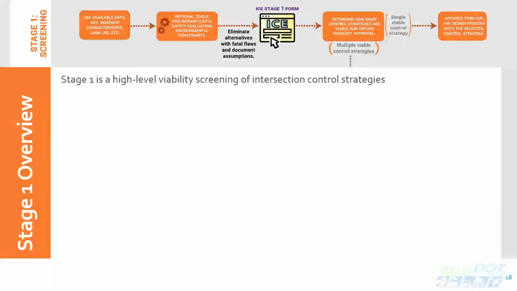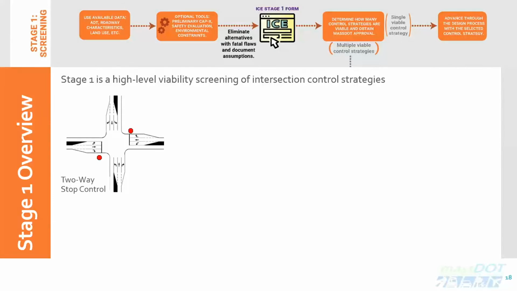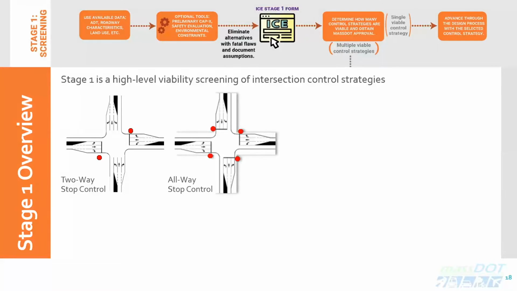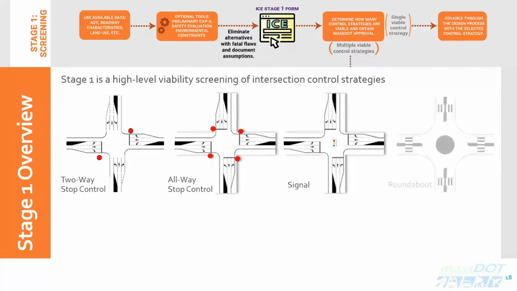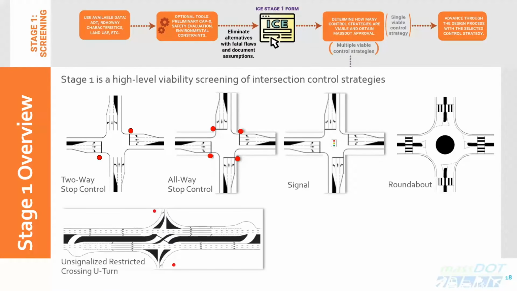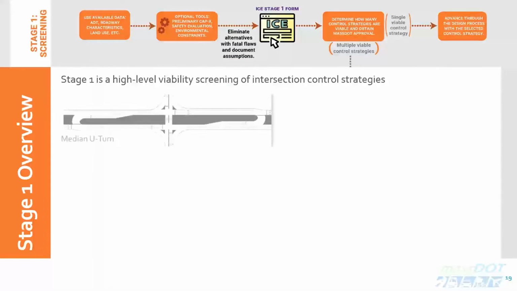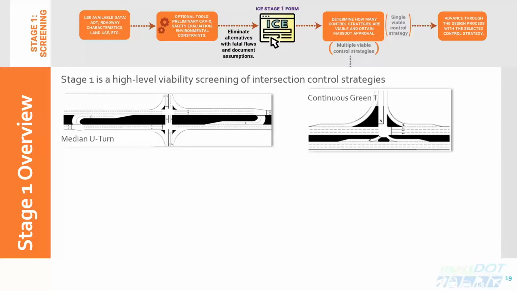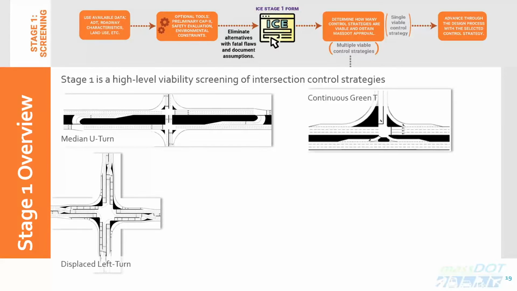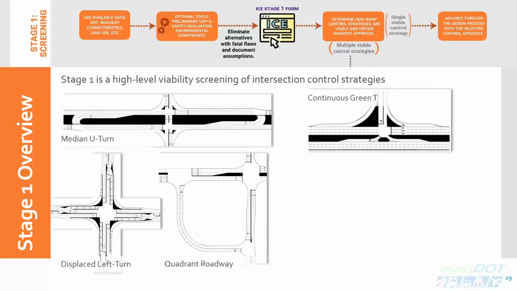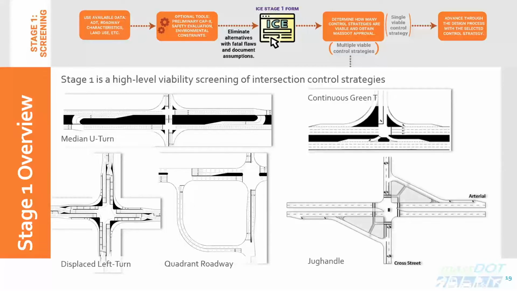These strategies include two-way stop control, all-way stop control, signalized control, roundabout, unsignalized restricted crossing U-turn, R-cut, signalized restricted crossing U-turn, R-cut, median U-turn, MUT, or partial median U-turn, PMUT, continuous green T, displaced left turn, quadrant roadway, jug handle.